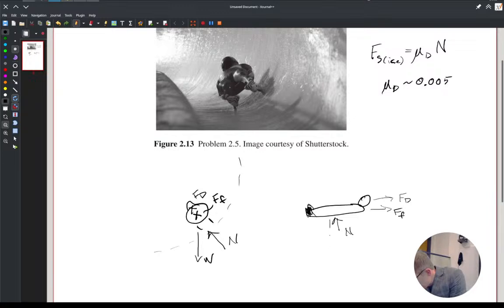Yeah, this one's hard, right? Because even the normal and the weight make it look like they're put together somehow. Yeah, I don't really like that second drawing that I did.